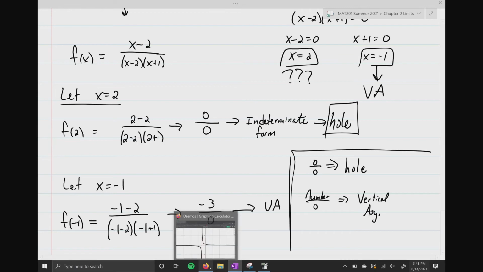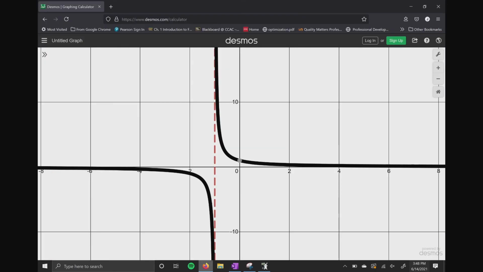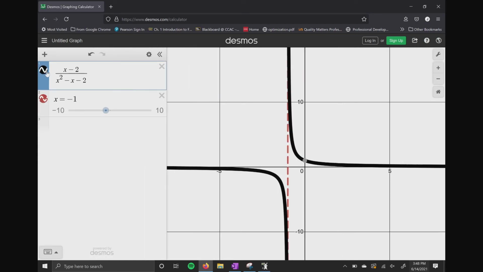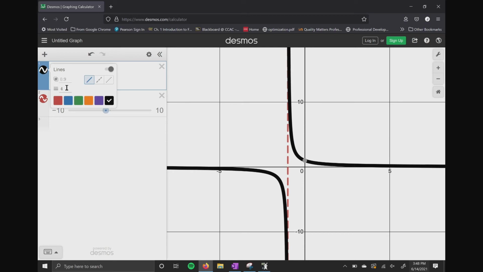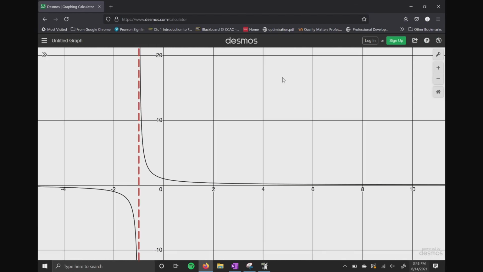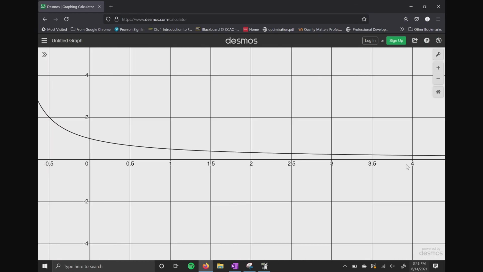And you got to be careful because, like I said, calculators lie to us. Even if I go back to our graph right here, let me try to thin down that line a little bit. Let me make the weight of the line 1. Even if I zoom in at 2, it still looks like there's a value there because it's a solid line.